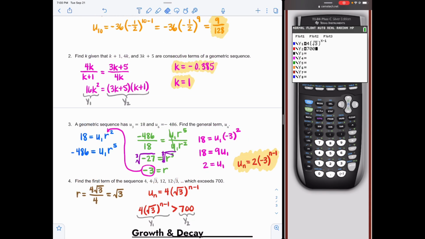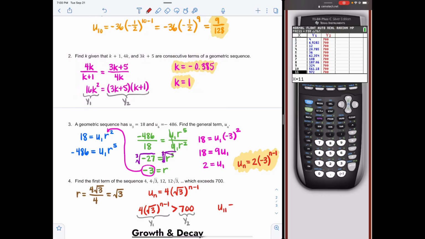Now I'm going to look at the table, so I press second graph to go to the table. I scroll down until I see the value of y1 be greater than the value of y2. I can see here that u sub 11, which is the 11th term, which is 972, is the first term that is greater than 700.